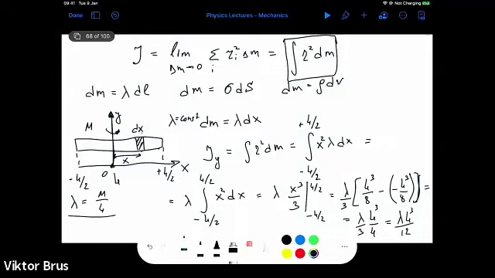And that's why the moment of inertia about axis y can be written as M L cubed divided by L, and here we have 12. We cancel out this L, and finally we get capital M times L squared divided by 12.